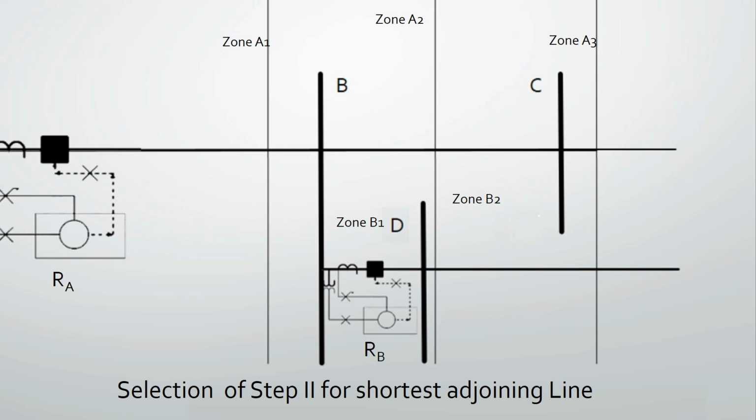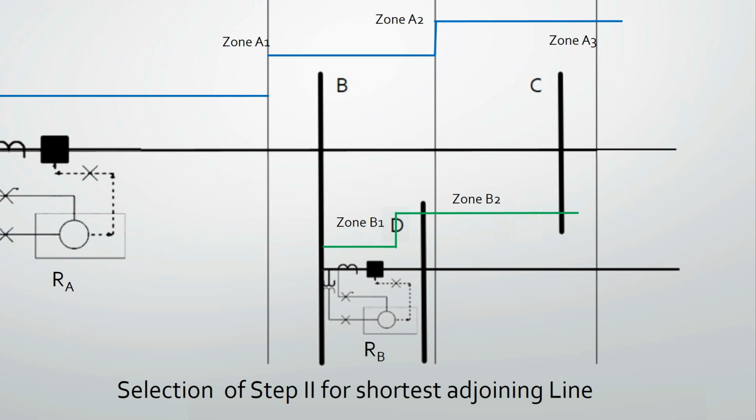Now, if the timing of both these relays with respect to zone 1 and zone 2 are the same, and if there is a fault as shown between the two lines, in that case there is a clash between zone 2 of relay A and relay B having the same timings.